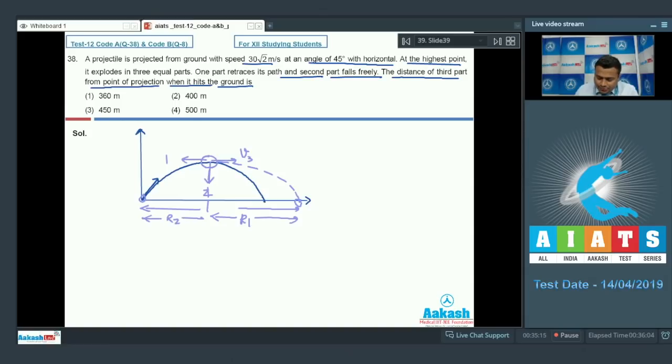Now at the highest point, the linear momentum will be constant in the horizontal direction because there is no force acting in the horizontal direction.